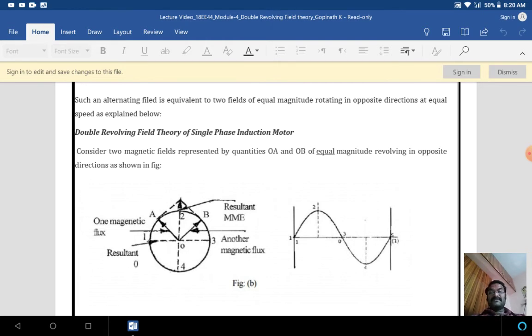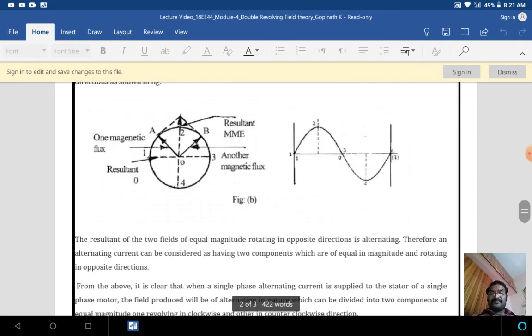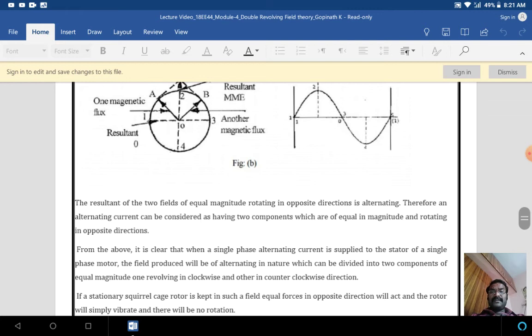There are two fields present in the double revolving field theory. OA and OB are the two fields. One acts in the clockwise direction, another acts in the anti-clockwise direction, but the magnitude of both is equal. So the resultant of the two fields of equal magnitude rotating in opposite directions is alternating.